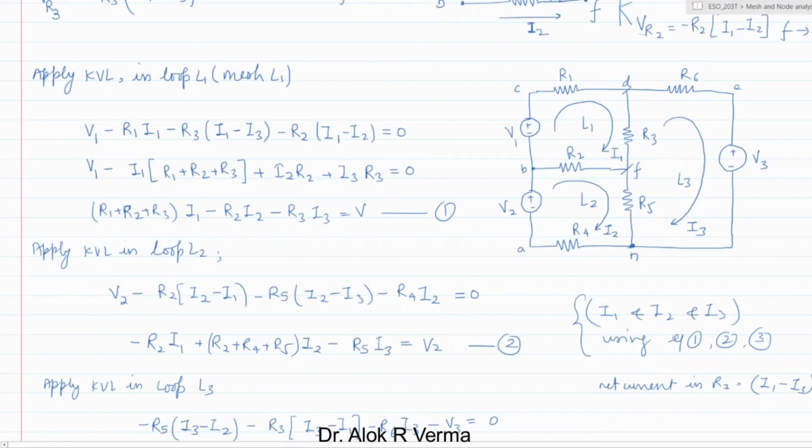If we assume the current is flowing in the direction of I3, then it will be I3 minus I1. So if the current is going upward, it will be I3 minus I1, and if it is coming downward, it will be I1 minus I3. Depending upon the direction of the current, the magnitude will have a positive or negative sign.